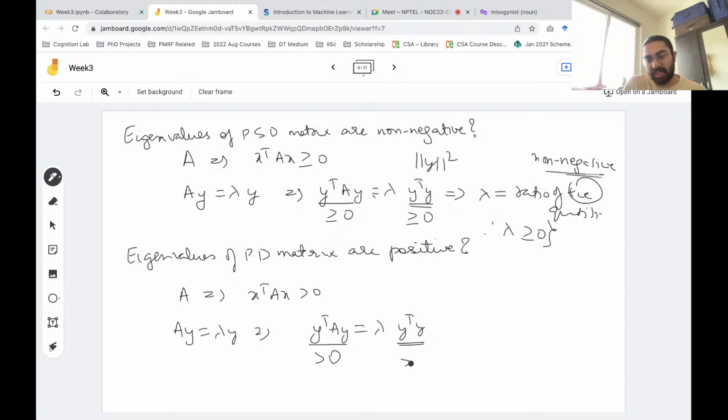This will also be strictly greater than 0, because in the eigenvector definition, the idea is that you want to look at non-trivial eigenvectors, so you say that y is a non-zero vector. So basically lambda becomes a ratio of strictly positive quantities, so lambda is greater than 0. This is important to understand. PSD matrices will always have non-negative eigenvalues and PD matrices will always have positive eigenvalues.